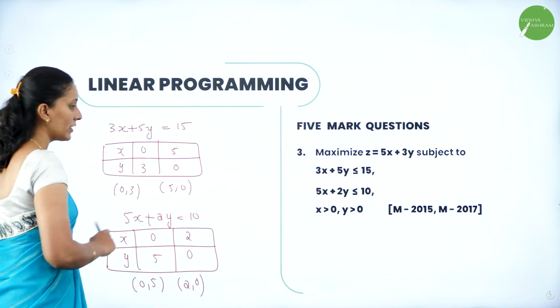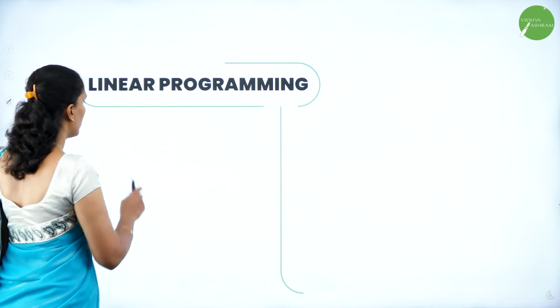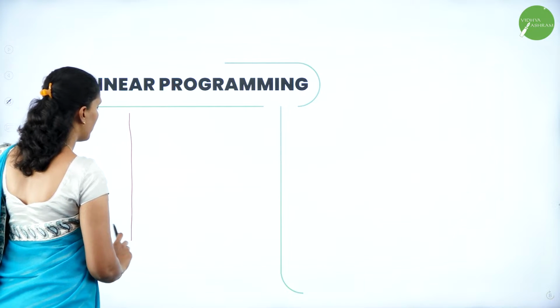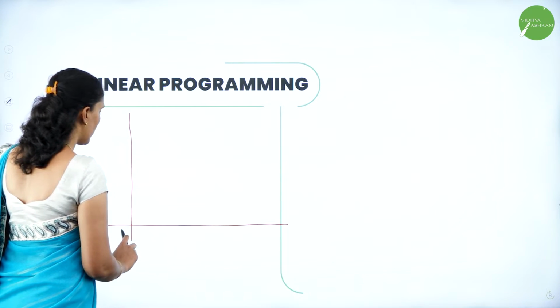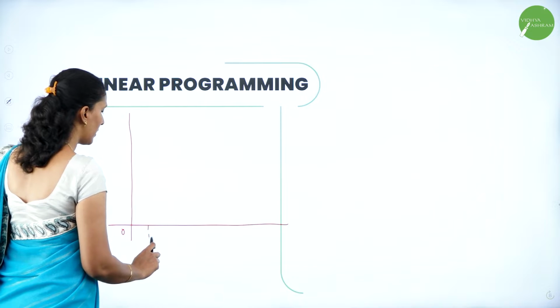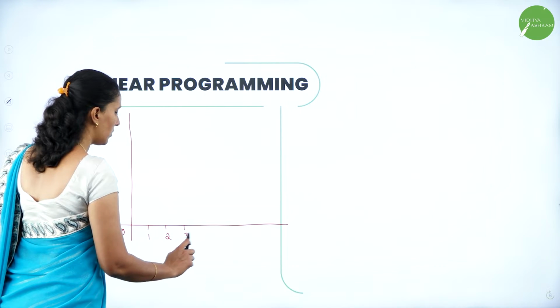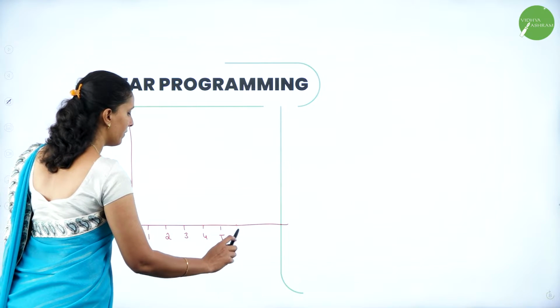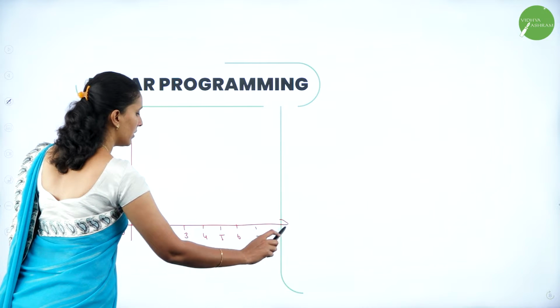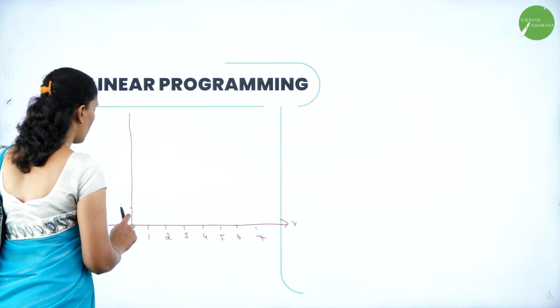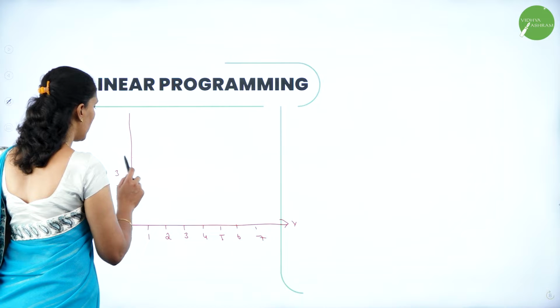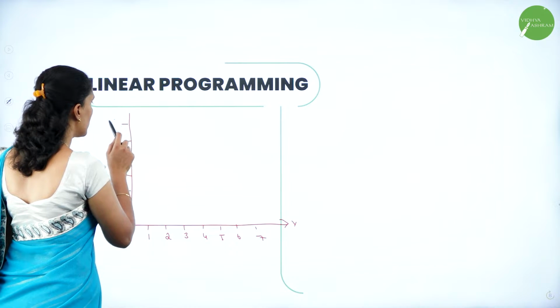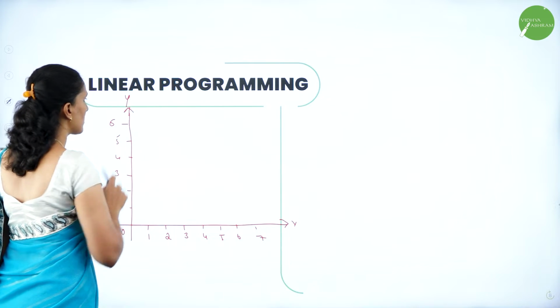So, let us plot this using a graph. Let me draw a graph. So, origin. Let me consider it as 1, 2, 3, 4, 5, 6, 7. This is your x-axis. Then 1, 2, 3, 4, 5, 6. This is your y-axis.